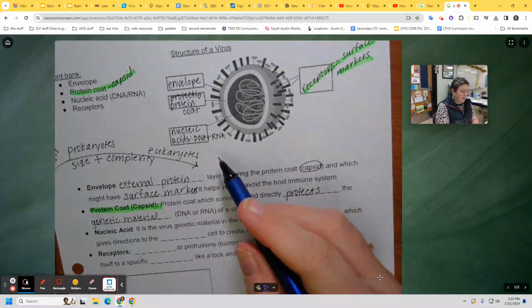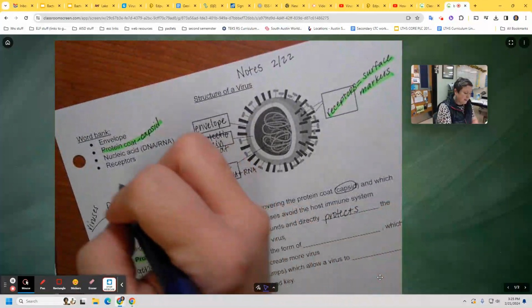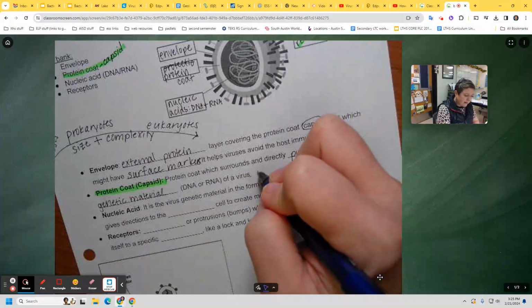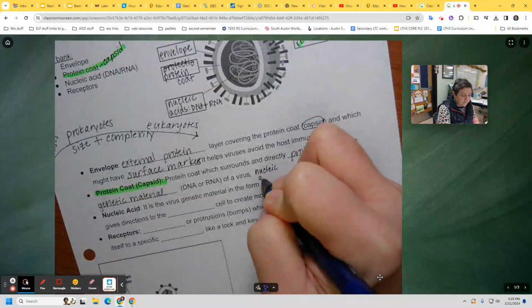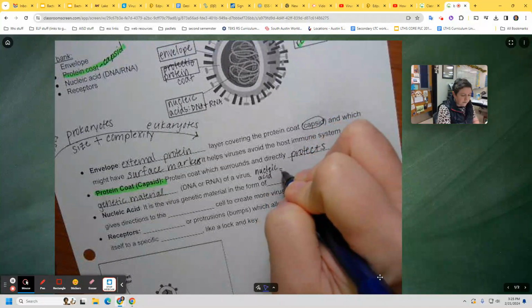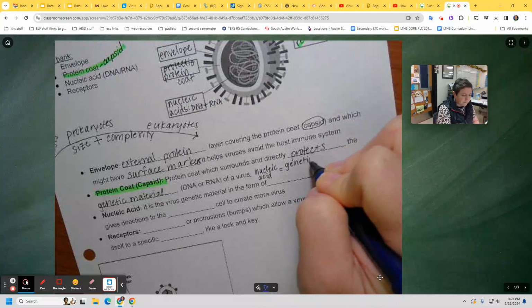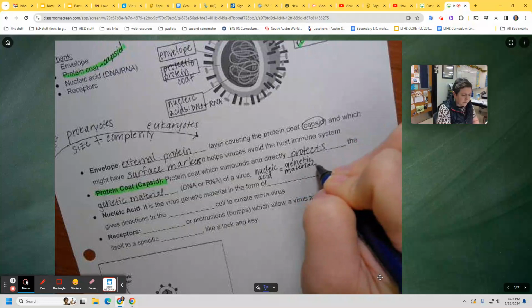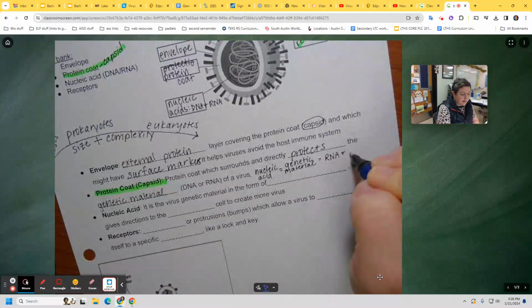Okay, so nucleic acids, this is still the same thing. We've been talking about this all year. Where can I put this? Let's put it right here. Nucleic acid equals genetic material equals RNA and DNA.